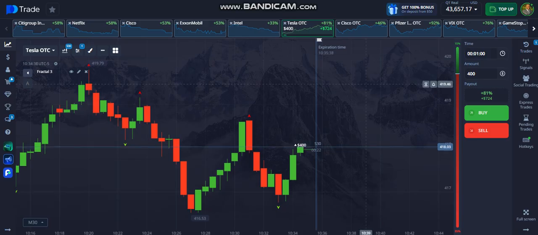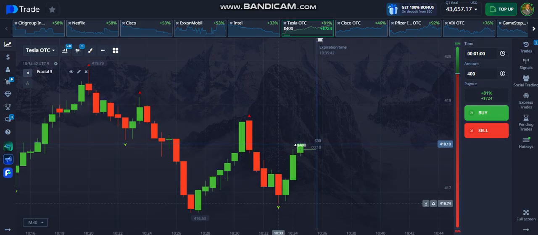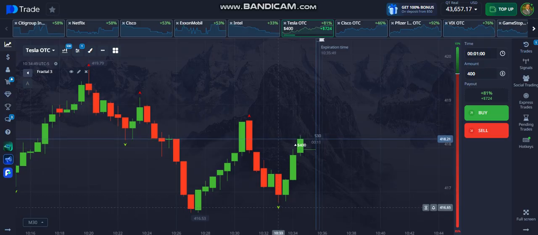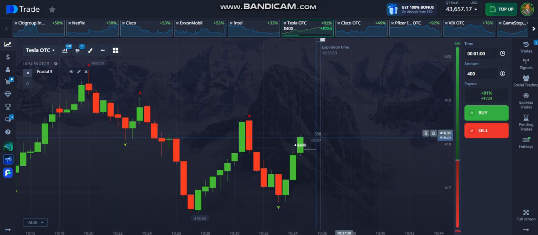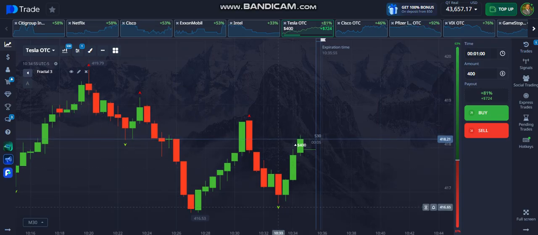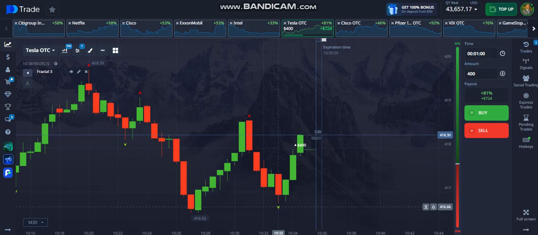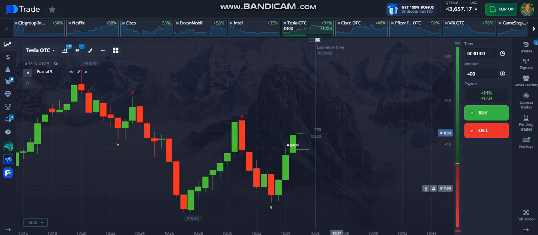Okay, so I'm on the Tesla OTC stock, and y'all missed it, but as soon as I changed to this chart here, the green fractal printed at the bottom here, so I quickly took the trade. As soon as I changed over to this chart, the green fractal printed, and so it looked like a good setup.